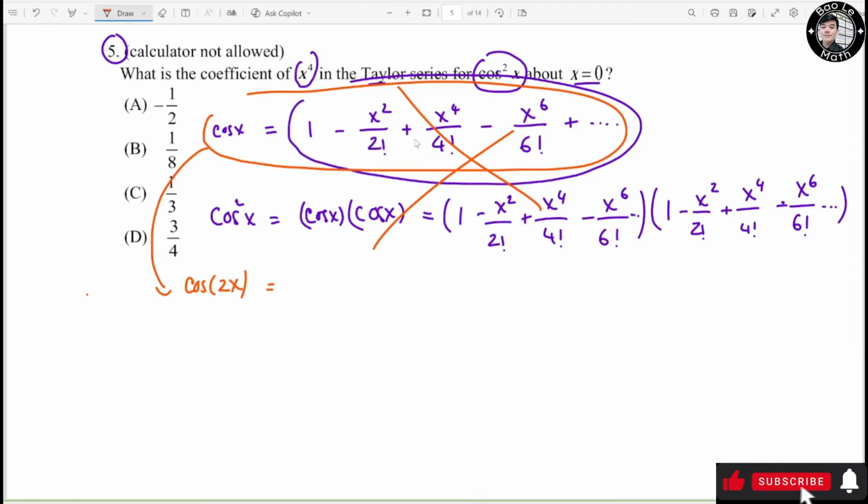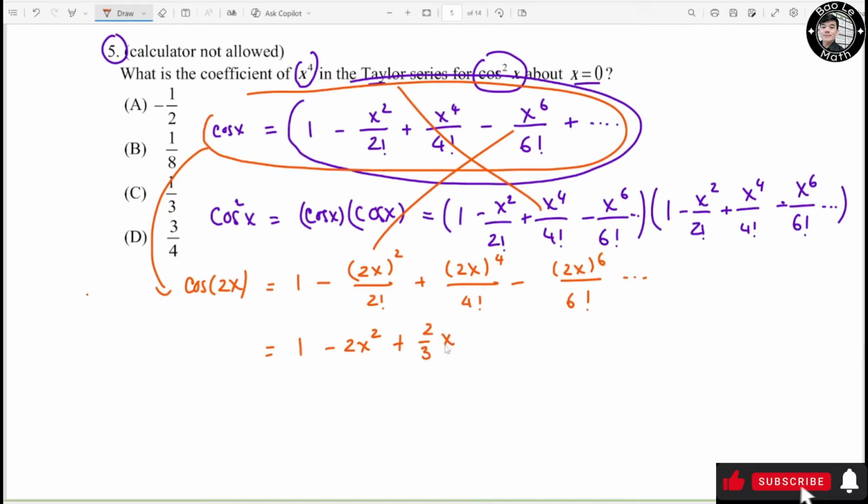We just replace s with 2s: 1 minus (2s) squared over 2 factorial plus (2s) to the 4 over 4 factorial minus (2s) to the 6 over 6 factorial, etc. Simplifying: 1 minus 2 squared over 4 divided by 2 is going to be 2, so 2s squared. 2 to the 4 is 16 divided by 24, which is 2 over 3 s to the 4.